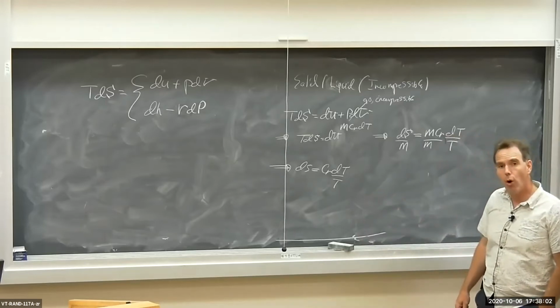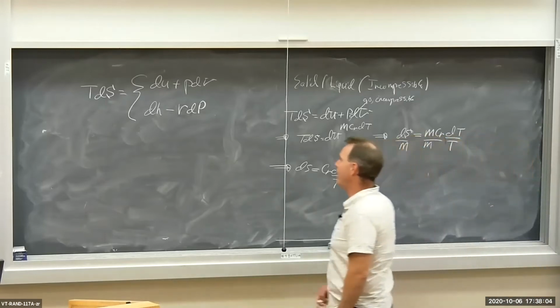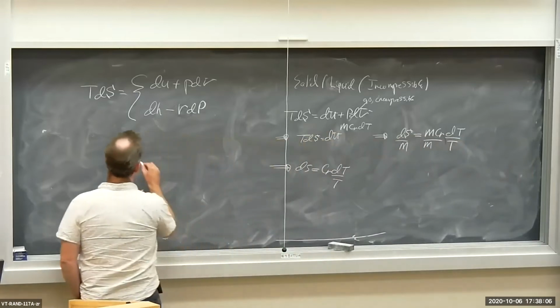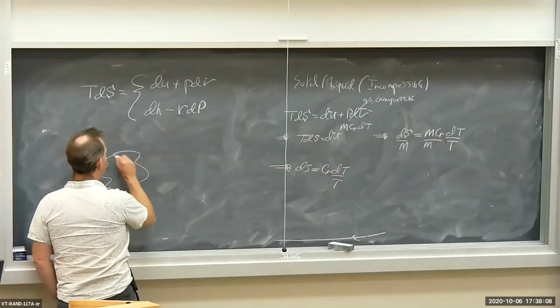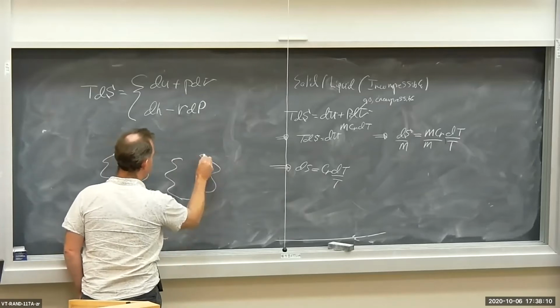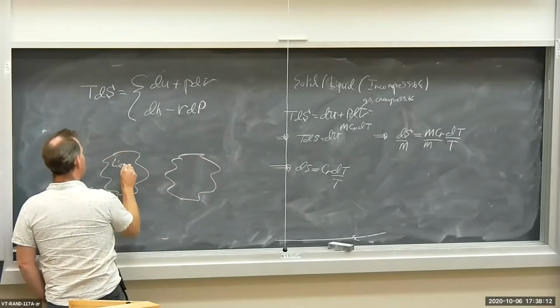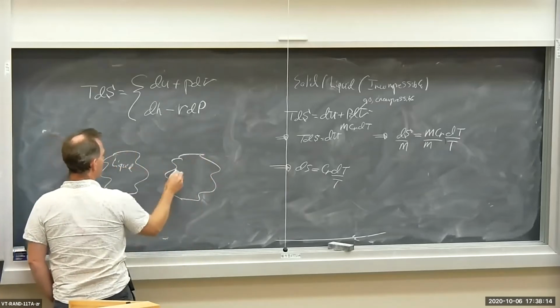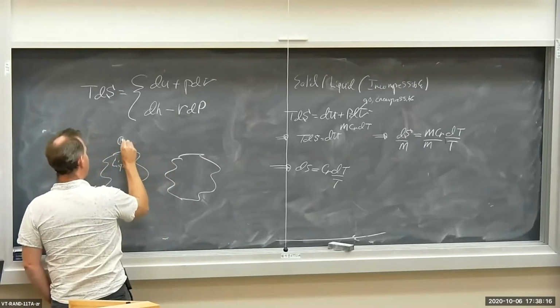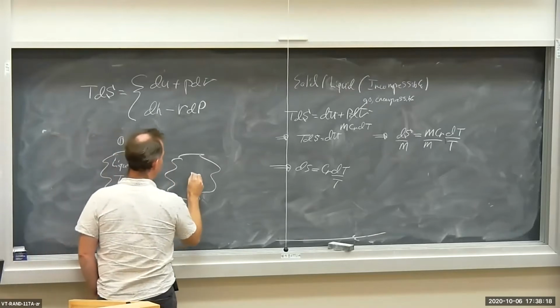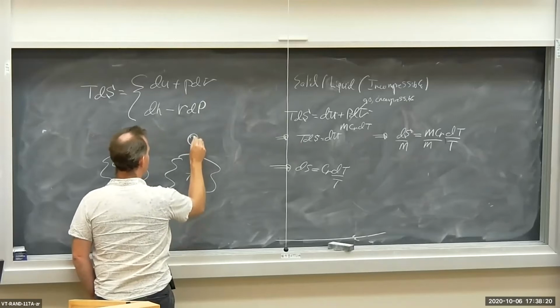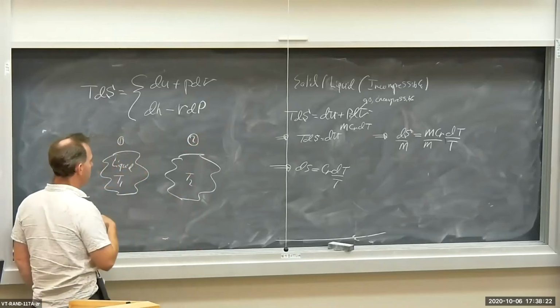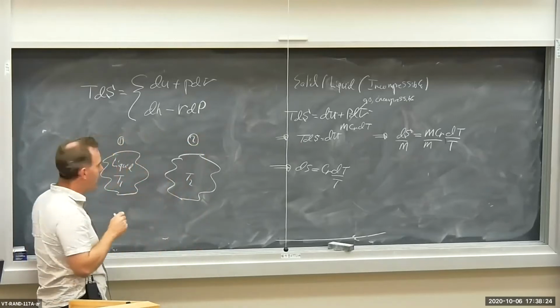Now, if I want to get the overall change in entropy, so we have a liquid or a solid, and we start off with a temperature T1, and I go to a temperature T2, and I want to know what the change in entropy is. All I need to do is integrate that equation.